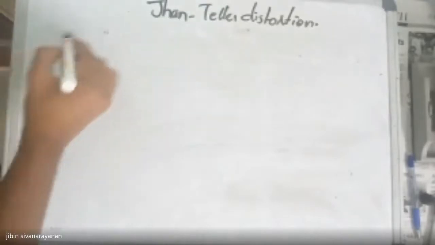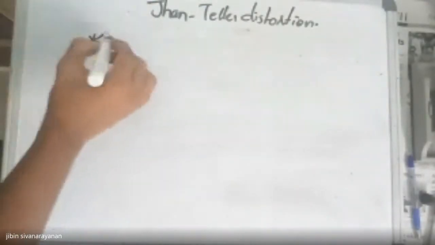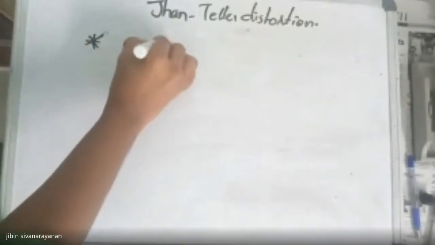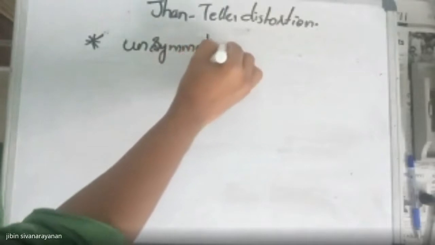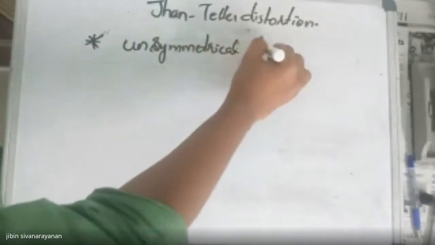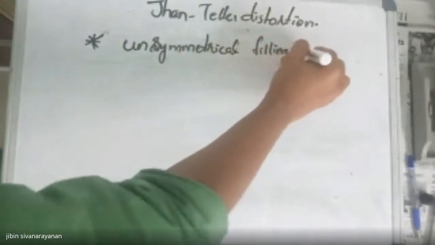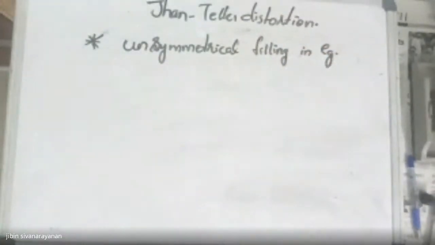This distortion is happening because of unsymmetrical filling in the eg orbitals. The major cause for this Jahn-Teller distortion is unsymmetrical filling in the eg orbitals, not in t2g.